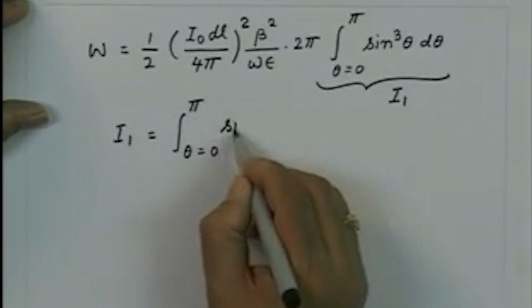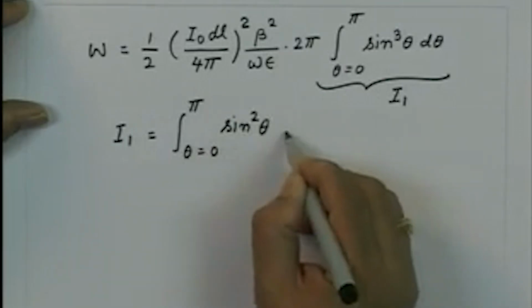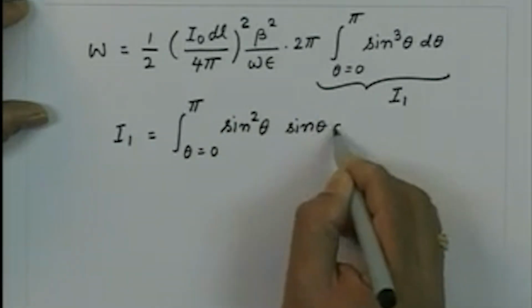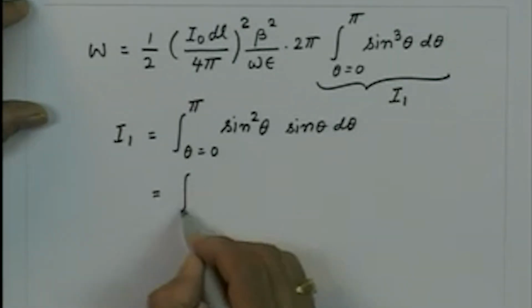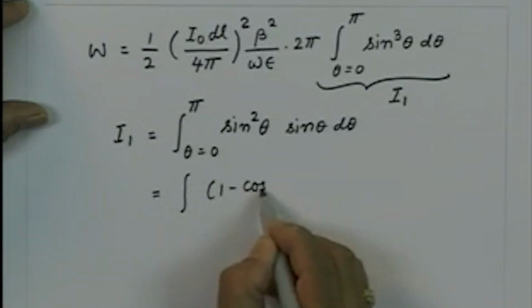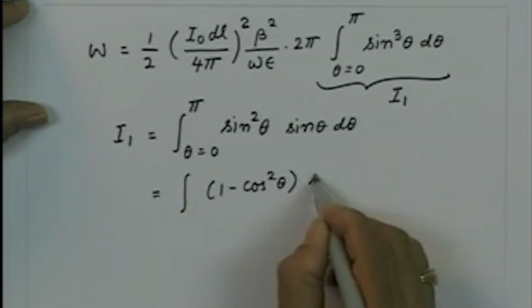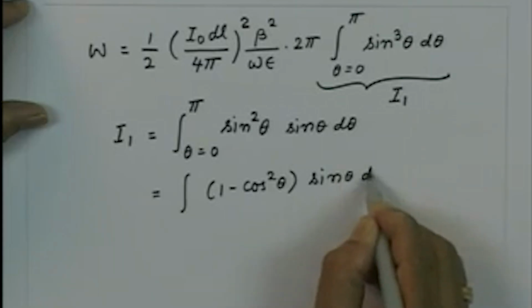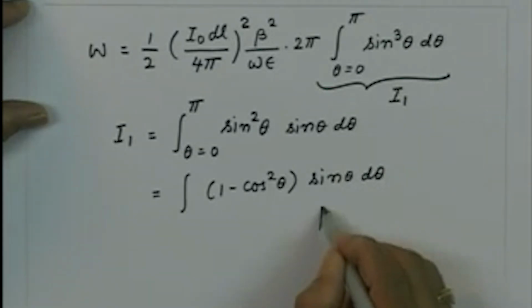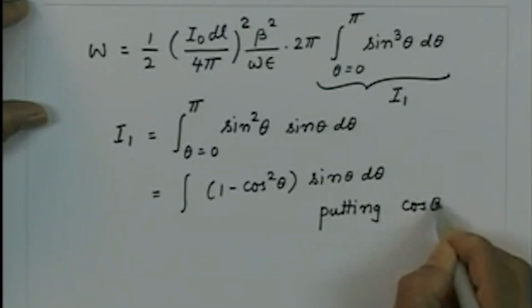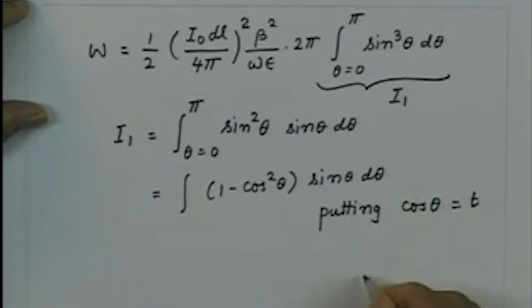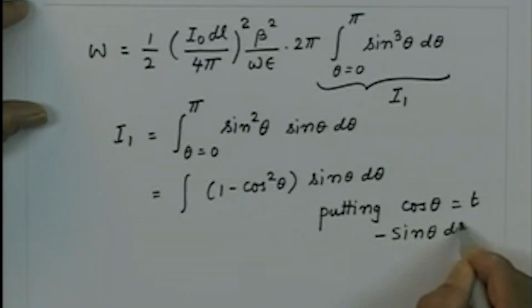We write here sin square theta sin theta d theta, and this we can write as 1 minus cos square theta sin theta d theta, putting cos theta equal to t, minus sin theta d theta will be equal to dt.